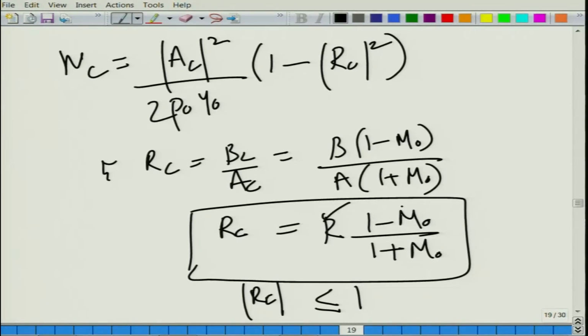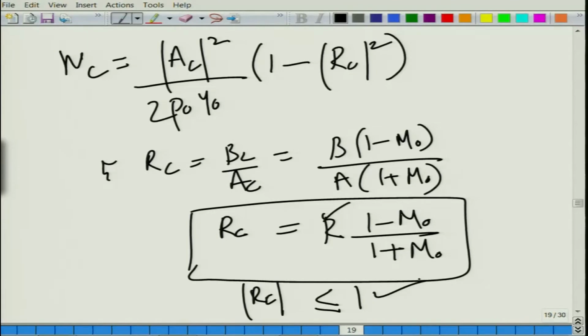We can put m naught typical values of 0.15 or 0.2, the maximum value that we can get. So, we get basically 0.8 divided by 1.2 or something like that. The point is that Rc will always be less than 1 because m naught is positive. Your denominator will always be greater than 1 and numerator will be less than 1. So, this is just one example.